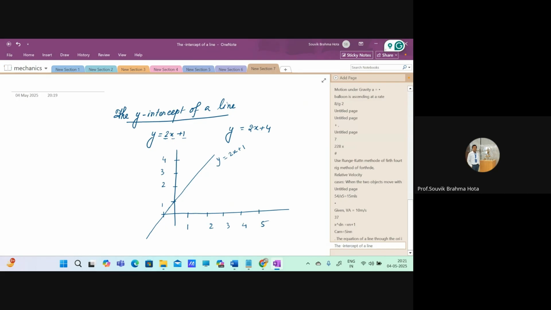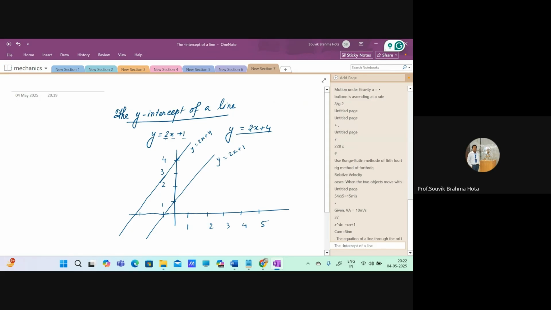And if we have this line y is equal to 2x plus 4, because both of them have 2x, those two lines will be parallel to each other, isn't it? Yes. Like this. So this will be y is equal to 2x plus 4, like that. Okay.